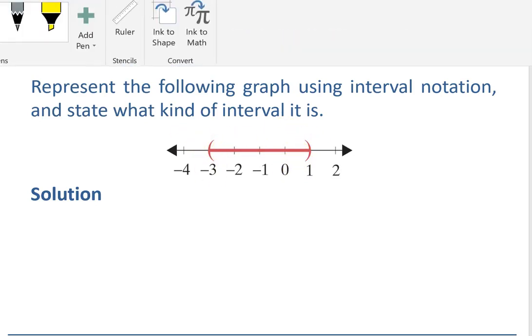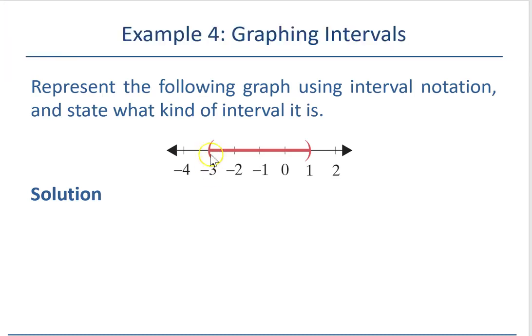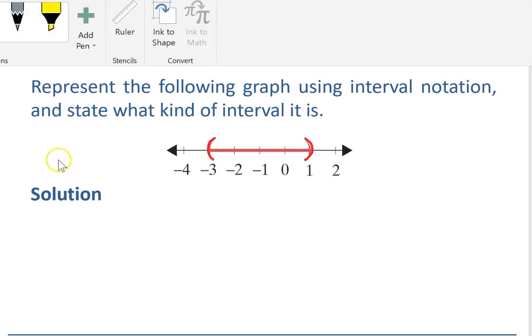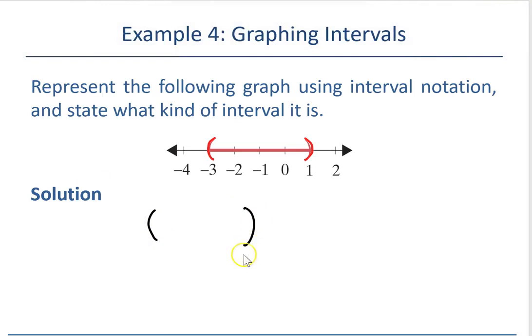So I know my interval is going to have this. That's saying that I can get infinitely close to -3 and I can get infinitely close to -1. That means x can be anything inside this realm here, but not including -3 and -1.